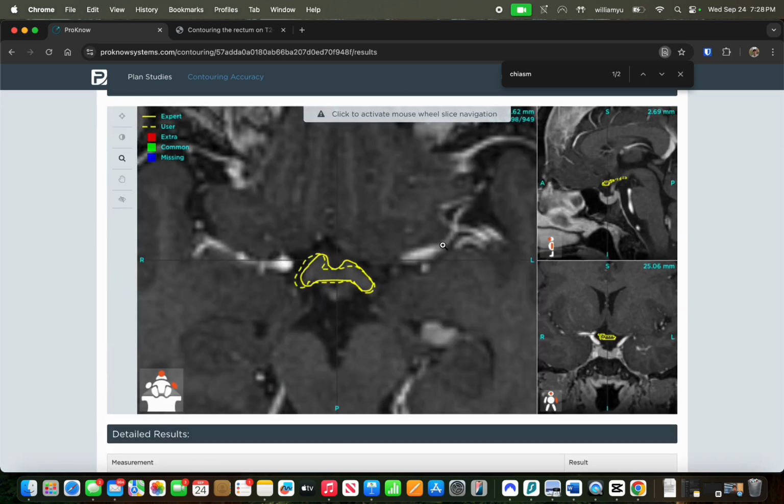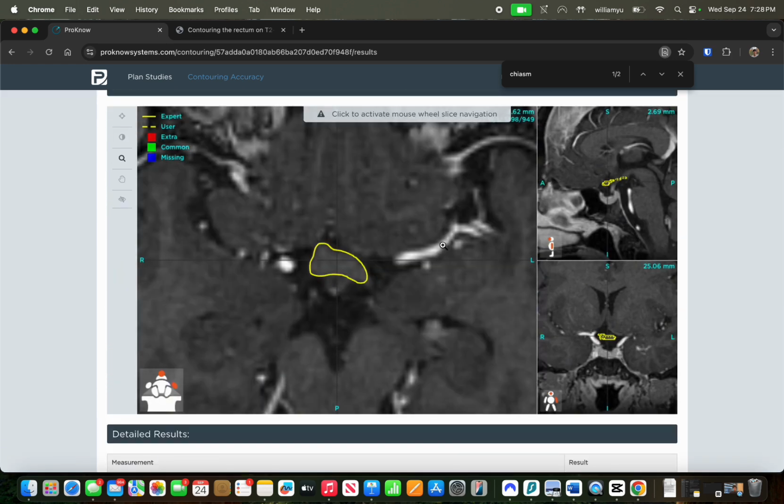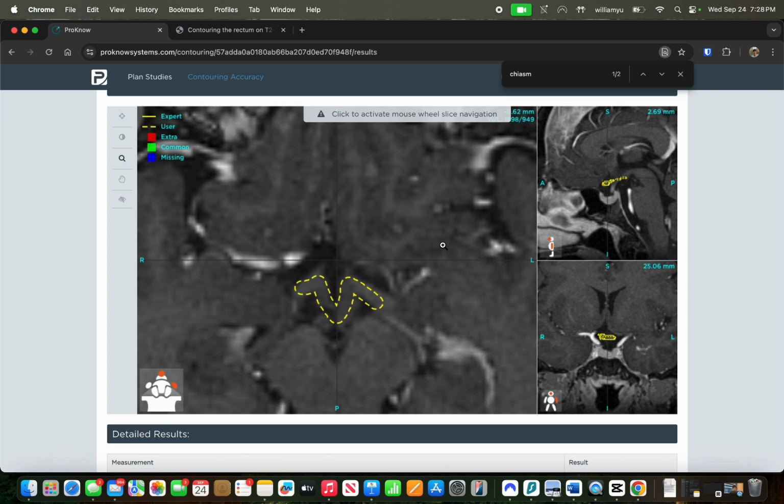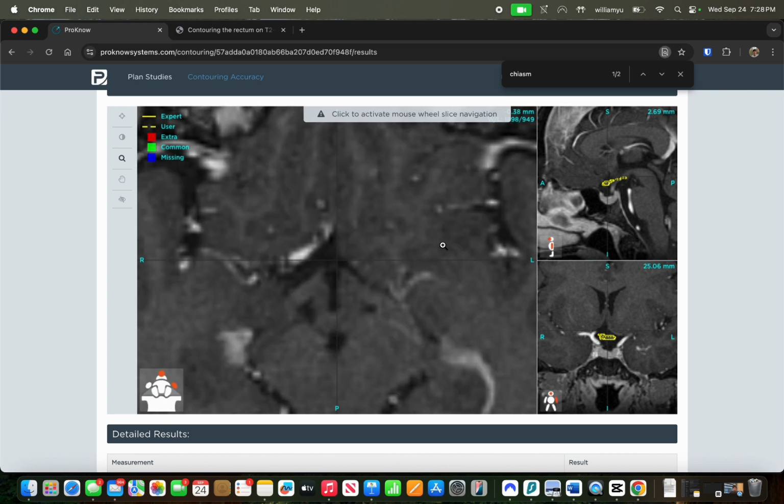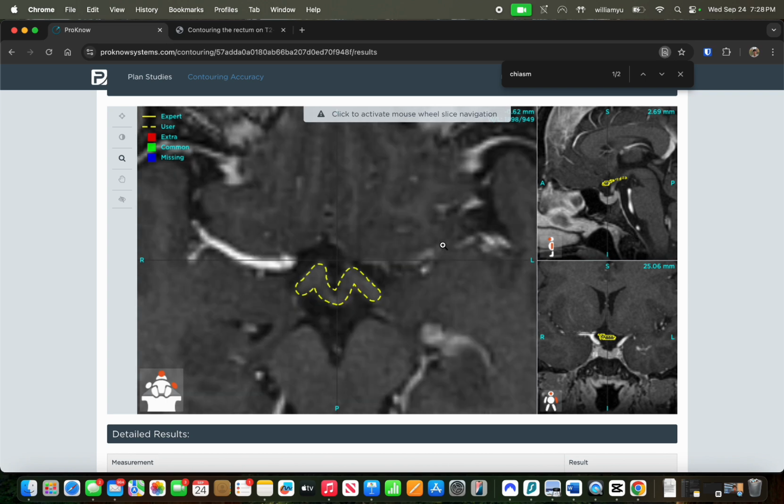37 is better. I skipped a slice here, which means I lost some points, but rookie mistake. And I didn't go high enough superiorly.